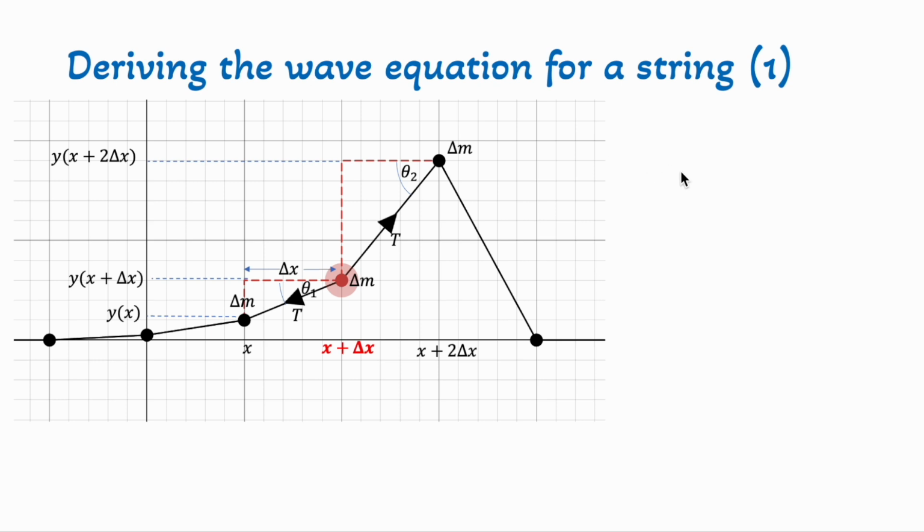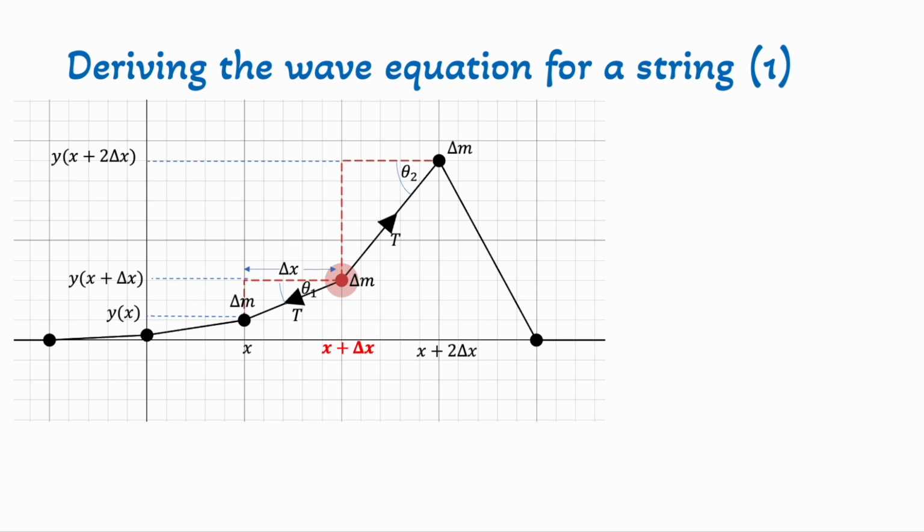Well, we've got a component of this tension here that pulls upwards on that string. And that component is the opposite side to this triangle, so it must be T times sine of theta 2. So this is just taking components of vectors. And then we're going to have another component, a component of this T here, which is T times sine of theta 1, because it's the opposite side to theta 1 of this triangle.